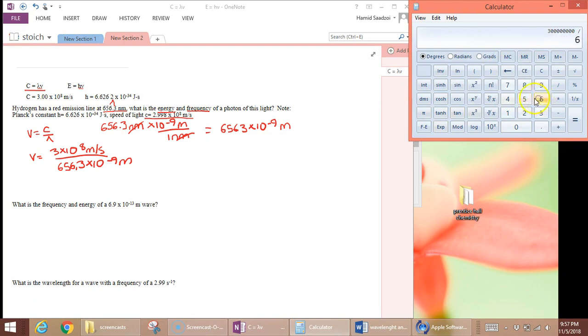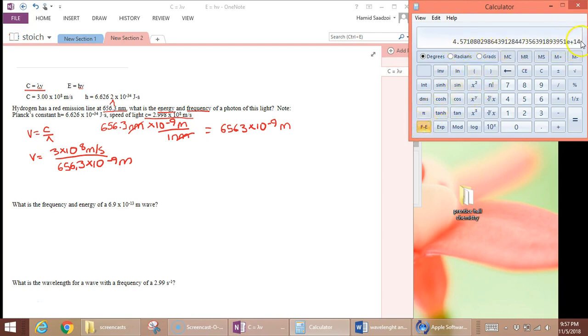And you take the 656.3 and we're going to go exponent again, and then negative 9. So there's a negative symbol, there's 9, there's our value. So we're going to put this in long form. Then we're going to change to exponential form.